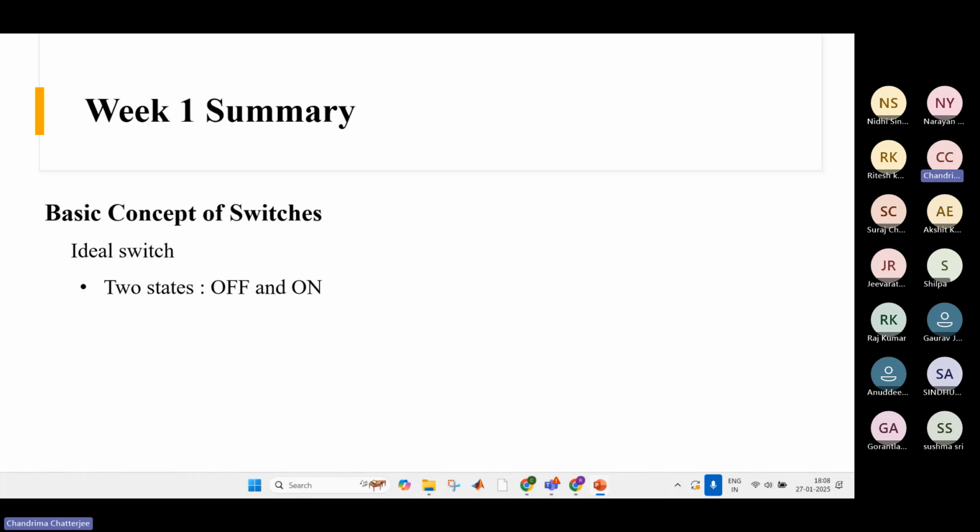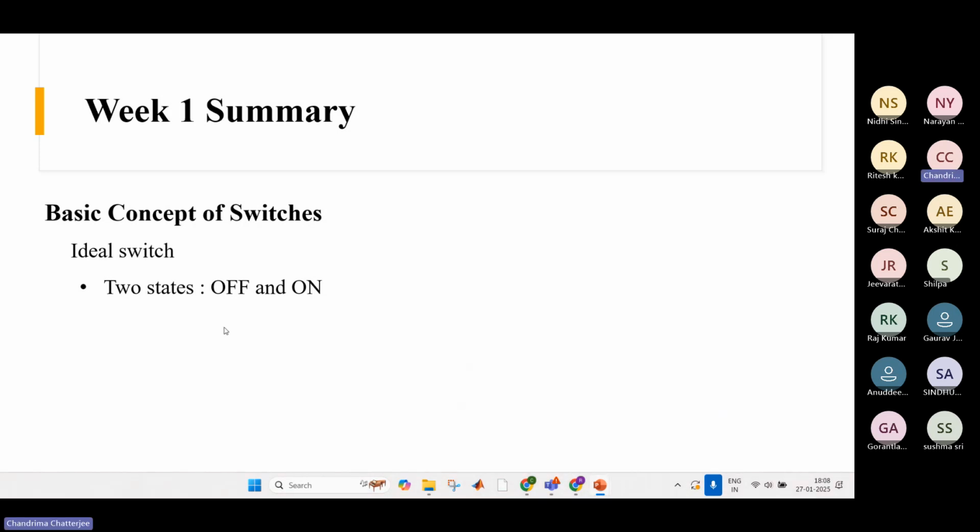So we need to study the characteristics of these semiconductor devices. Obviously these semiconductor devices are not ideal; they have stray capacitances and different types of non-idealities. But to understand practical devices, first we need to study the ideal devices. Then only can we proceed to practical devices and their characteristics.